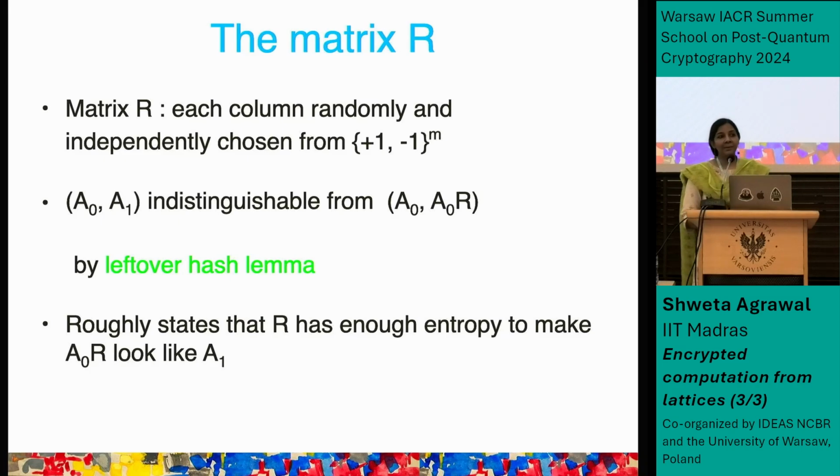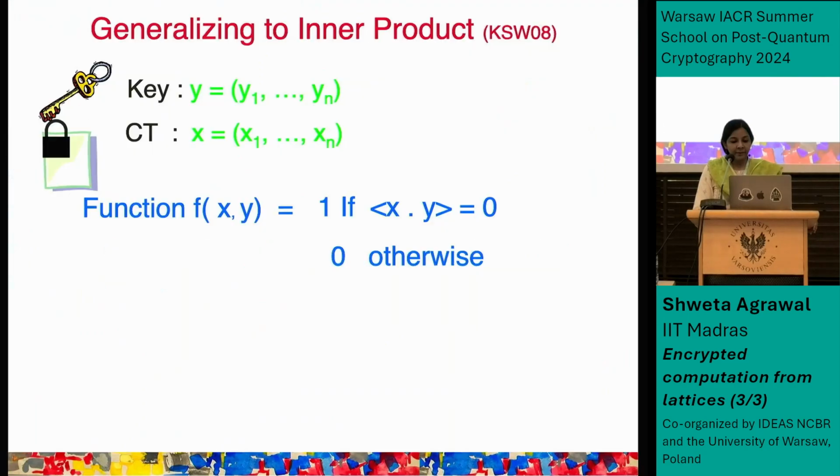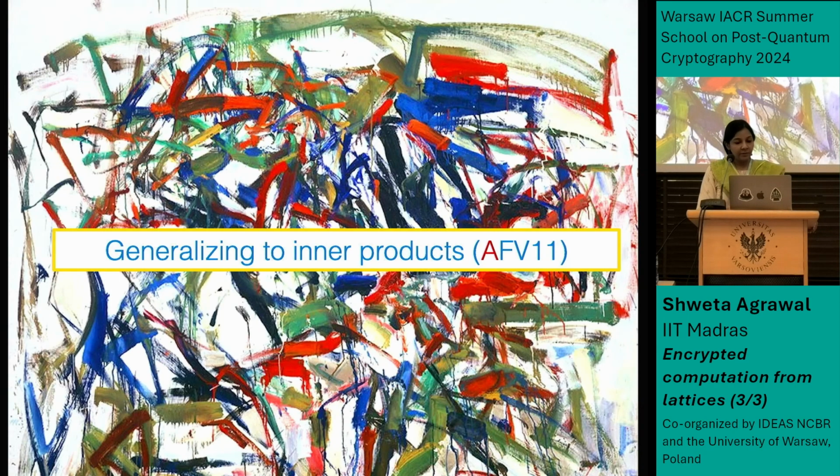I hope that the high-level proof strategy was clear, and it uses the ideas that we saw yesterday in a very crucial way. Okay, so let's try to generalize this construction now. Let's handle inner products and more general circuits.